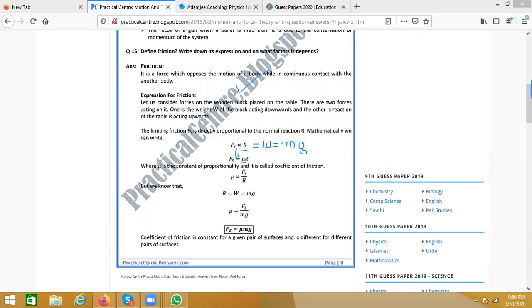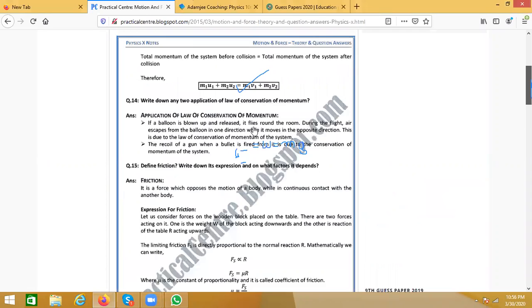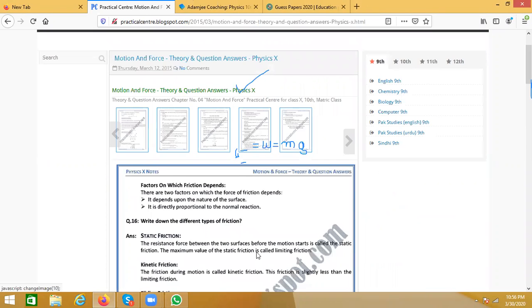As they are saying, the advantages and disadvantages, right? First, the factors on which friction depends. Friction depends upon two main things: the nature of the surfaces and the normal reaction force, right? So it is directly proportional to that. The rougher the surface is, the more the friction will be.